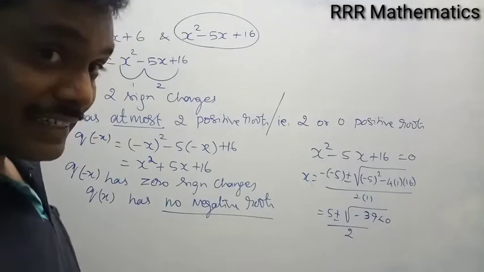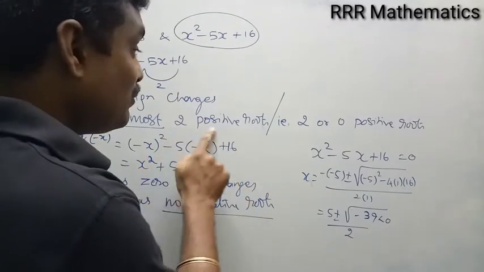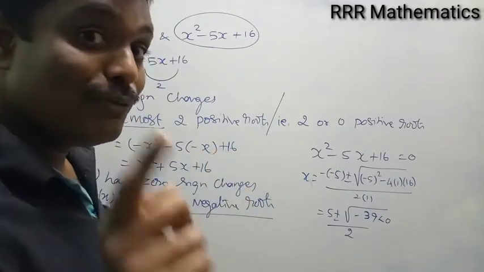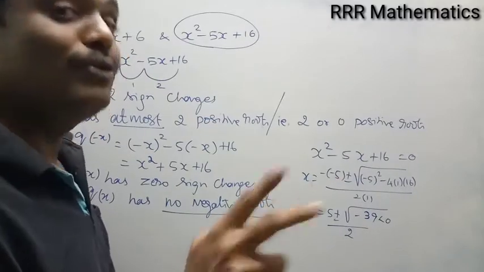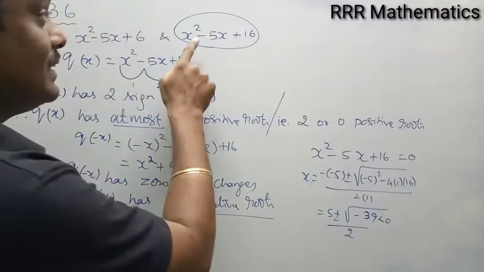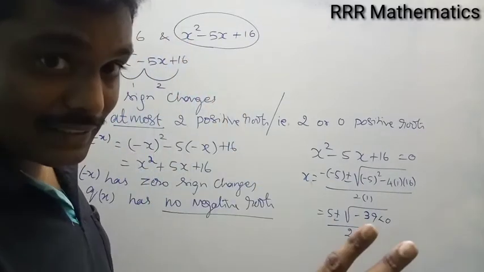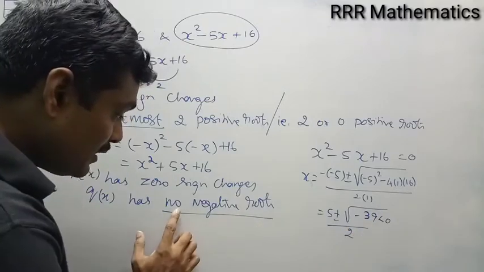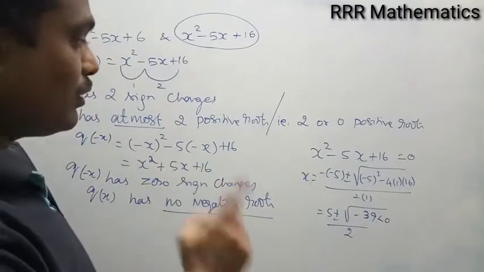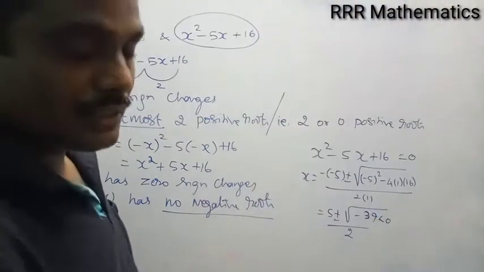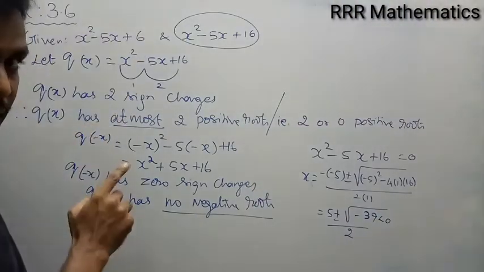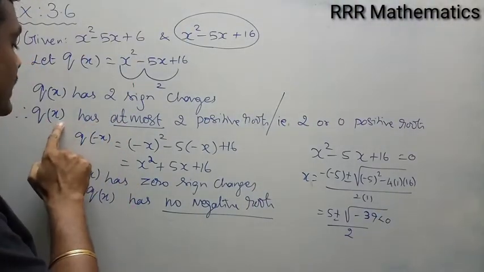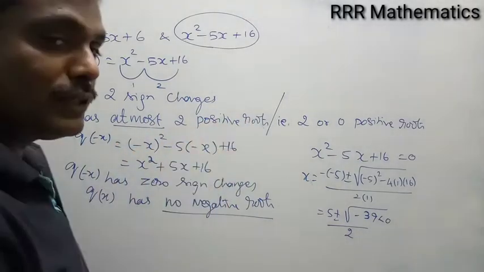Now catch the point. They said at most two positive roots. What you may think? It may be two positive roots. But in this case the degree is 2, so it has only two factors. Very clear picture. No negative roots. So you want to talk about whether positive roots or the third option, imaginary roots. From Descartes rule you can say Q of x has at most two positive roots.